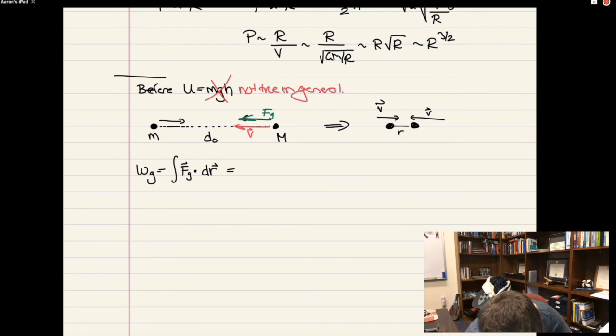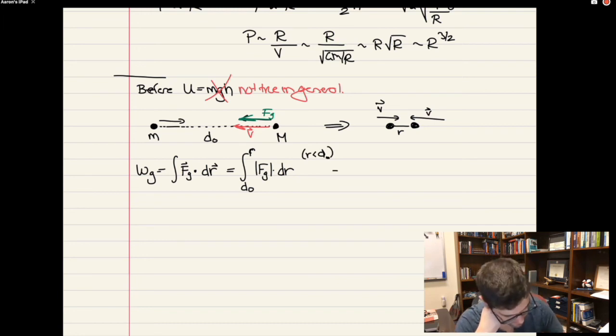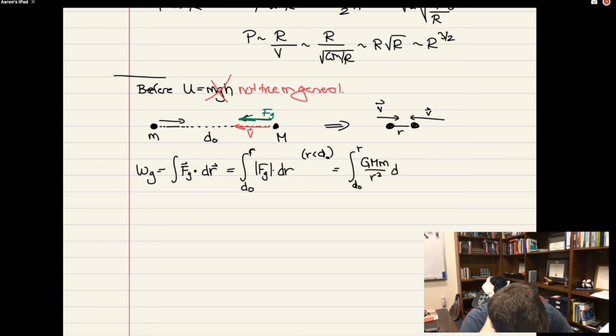Thinking back to work, remember that this was just the magnitude of the gravitational force times the overall displacement, where I am starting a distance d naught away and I'm ending a distance r away, where r is assumed to be less than d naught. The magnitude of the gravitational force is GMm over r squared, dr. That's not too bad.